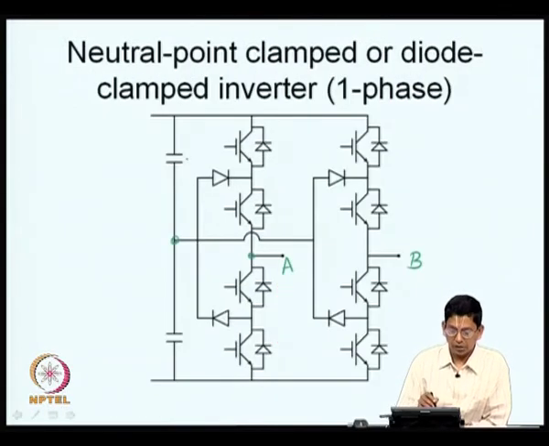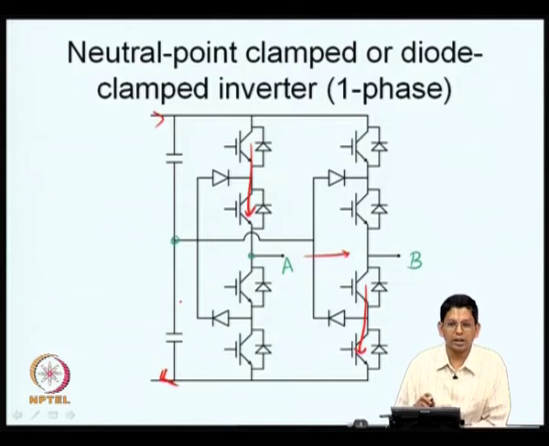If your poles are connected only to the top throw or the bottom throw, let us say the top two are on, they are conducting like this and the current flows out like this. So, there is no load current really flowing through the capacitors.